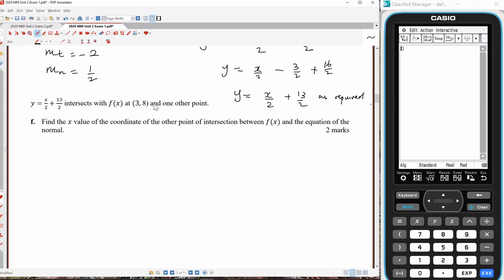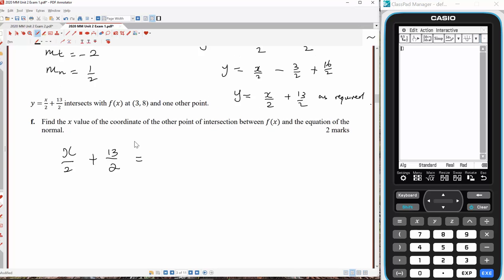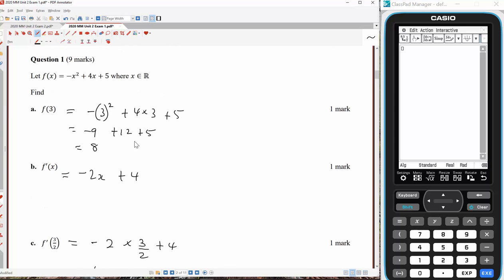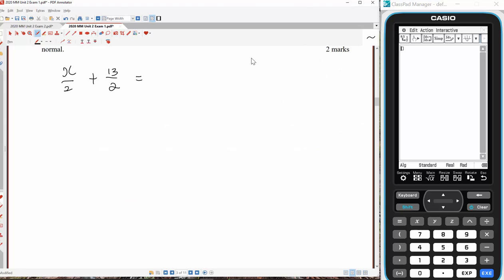Okay, it intersects with f of x at one other point. Find the x value of the coordinate of the other point of intersection. That's going to be us equating the equation of the normal with f of x, which was negative x squared plus 4x plus 5.